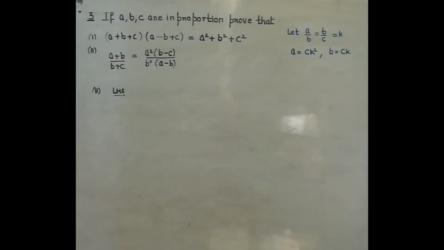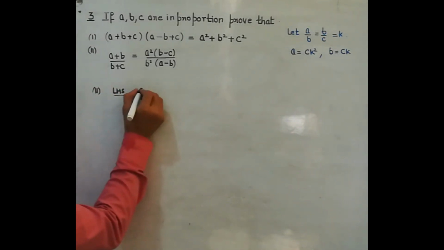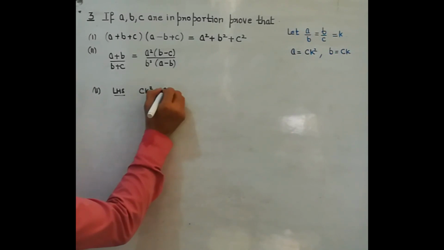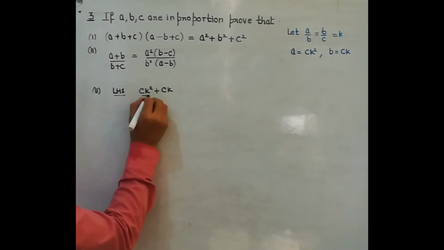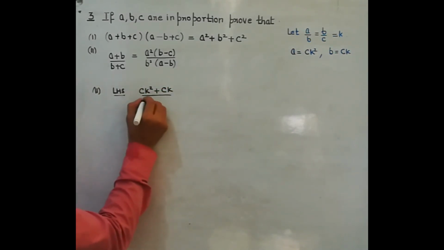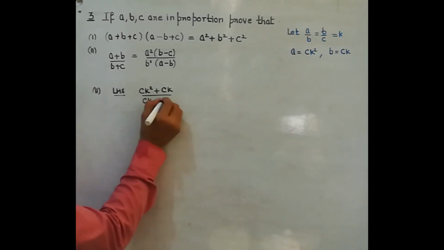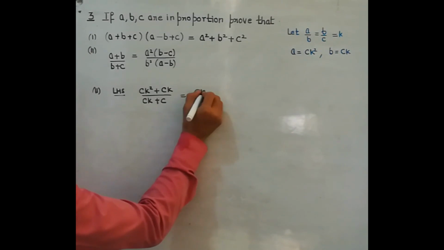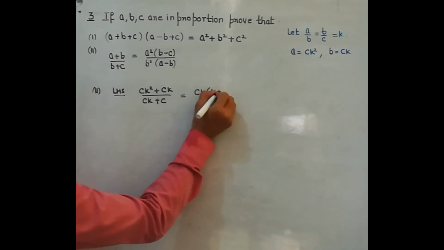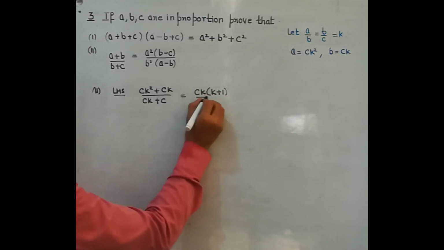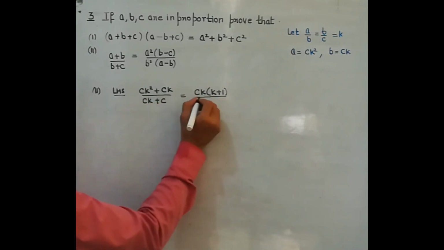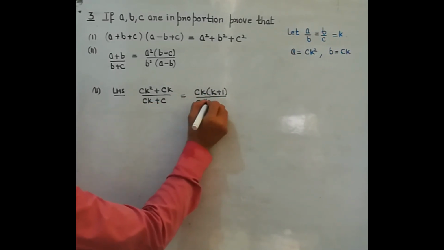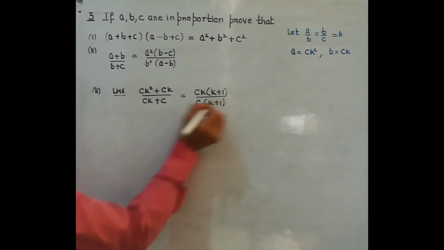On the left side, A will be replaced by Ck square, B will be replaced by Ck, upon Ck plus C. You can take Ck common, so you are left with k plus 1. In the denominator, you can take C common, so it is k plus 1.